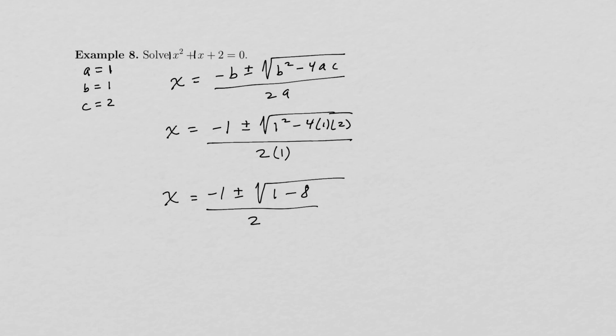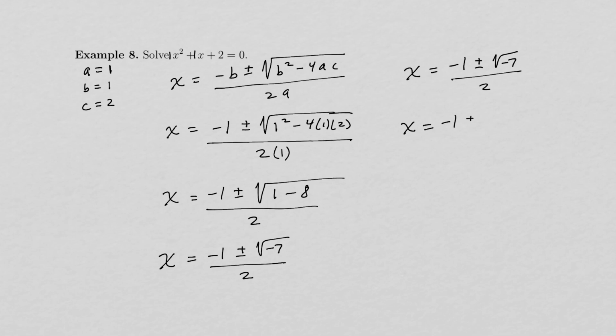But 1 minus 8 is negative 7. And remember, what's the square root of negative 7? Well, that's going to be an imaginary number, right? I'll write it over here again. So I have x equals minus 1 plus or minus the square root of negative 7 all over 2.